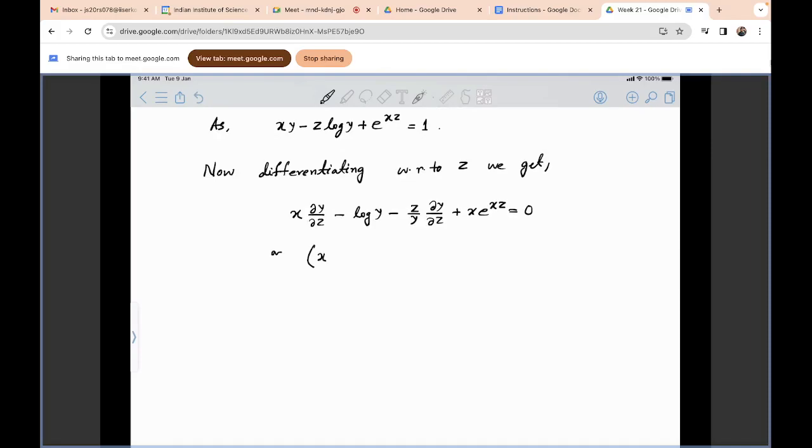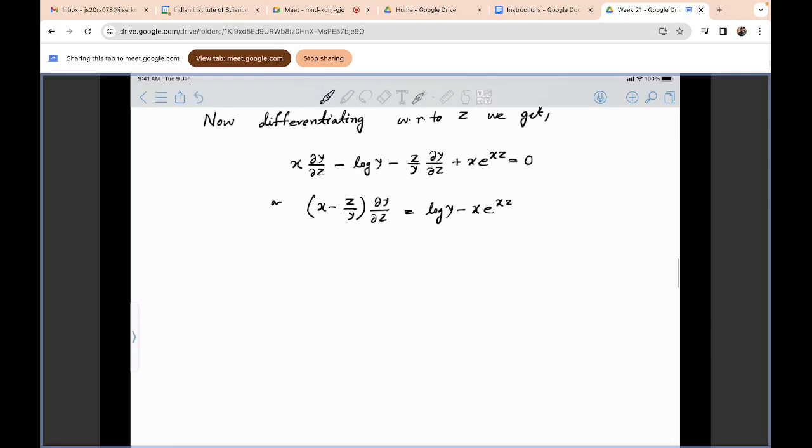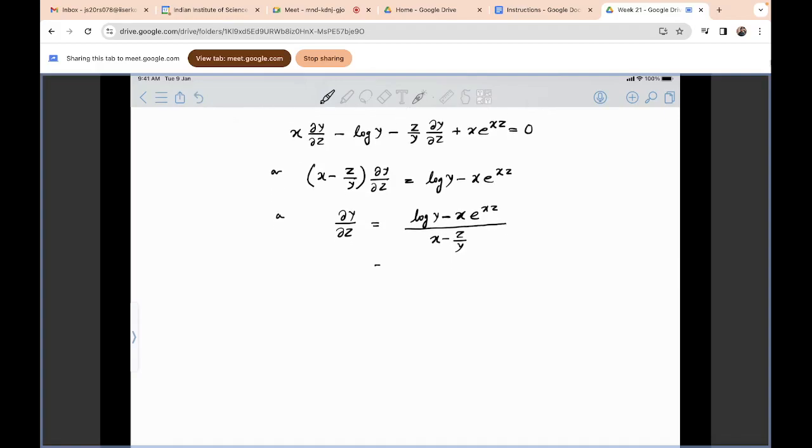Now, collect the terms for del y by del z. So del y by del z is log y minus x e to the power xz, divided by x minus z by y. That is y into log y minus x e to the power xz by xy minus z.